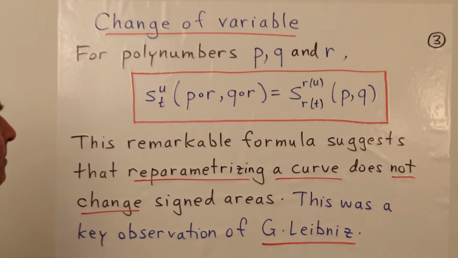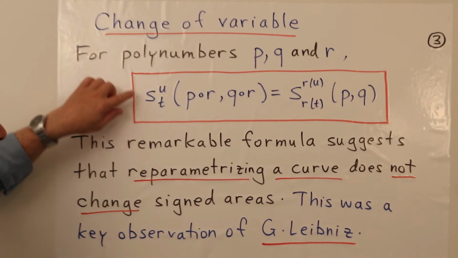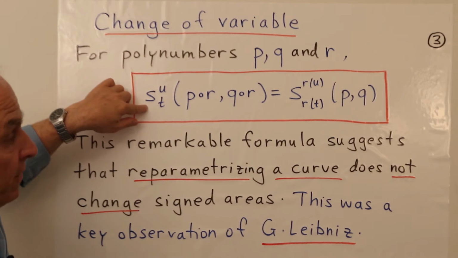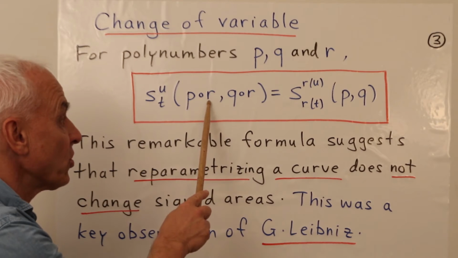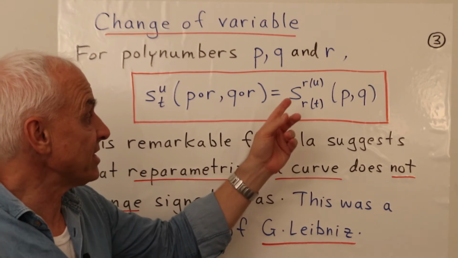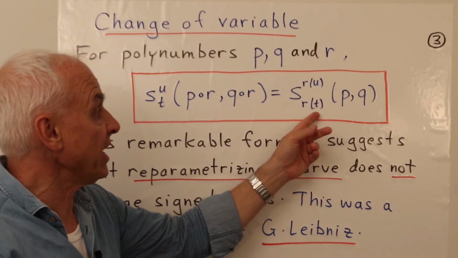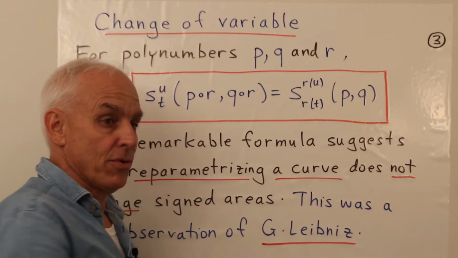Anyway, here is the formula for polynumbers p, q, and r. If we take the signed area from t to u of the curve defined by p circle r and q circle r, that's equal to the signed area from r of t to r of u of p q.